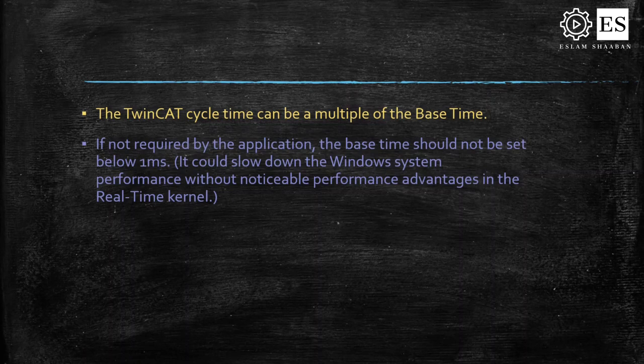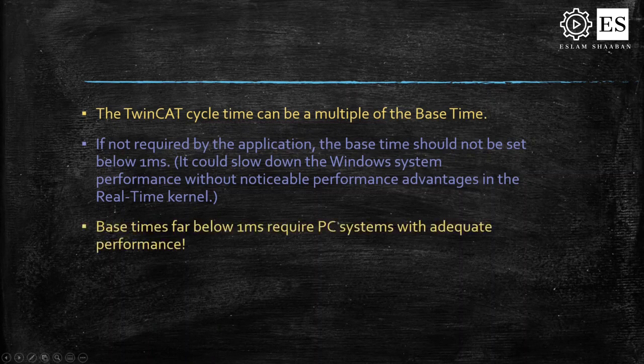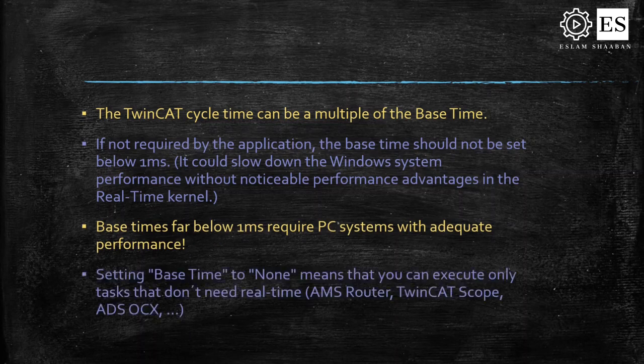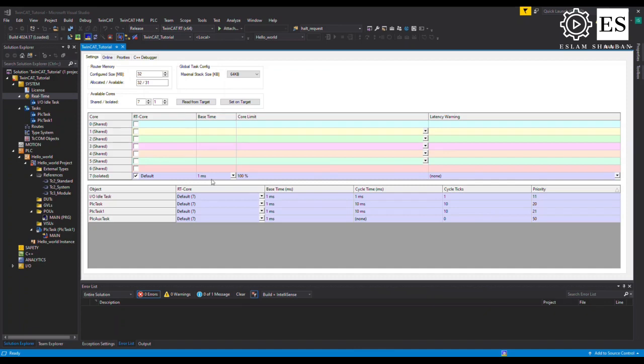It could slow down the Windows system performance without any noticeable performance advantages in the real-time kernel. Base times far below 1 millisecond require a PC system with adequate performance. Setting base time to none means that you can execute only tasks that do not need real time. So leave it now at 1 millisecond.